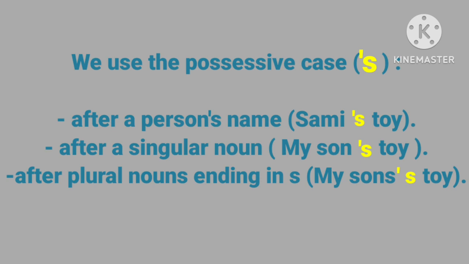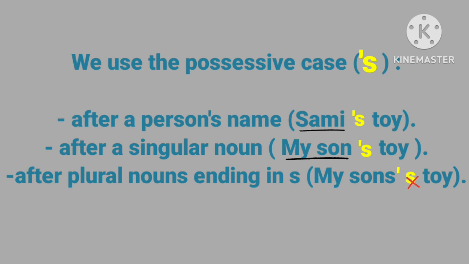We use the possessive case after a person's name, like Sammy is a person, so Sammy's toy. After a singular noun, my son is a noun, so my son's toy.